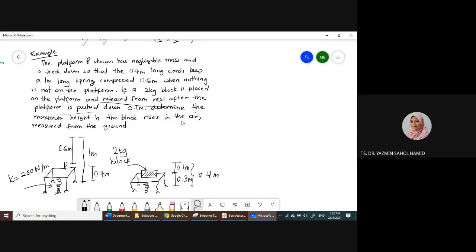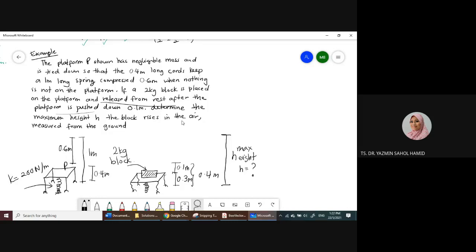So what it means is, after the block is released, we want to know the maximum height it will reach. They ask you to calculate H, measured from the ground.